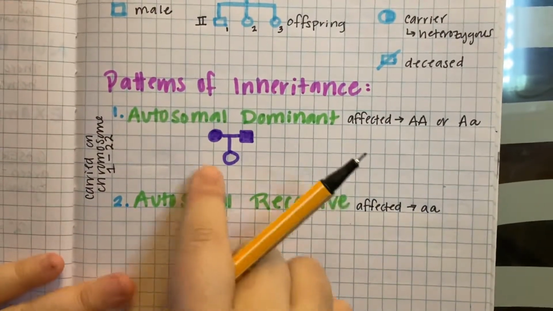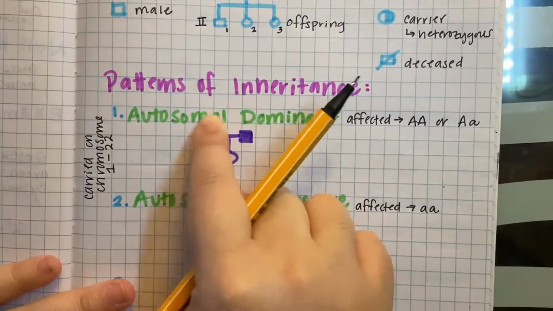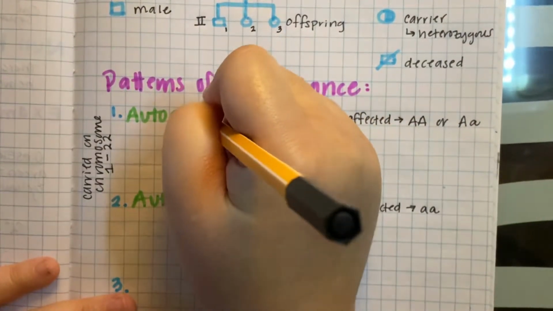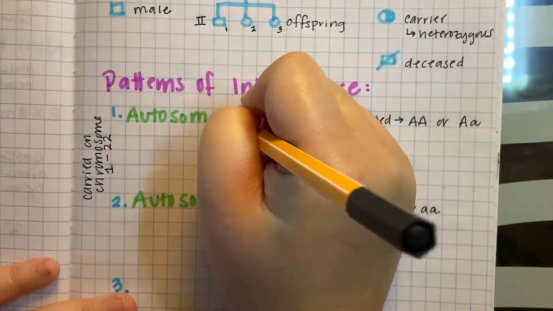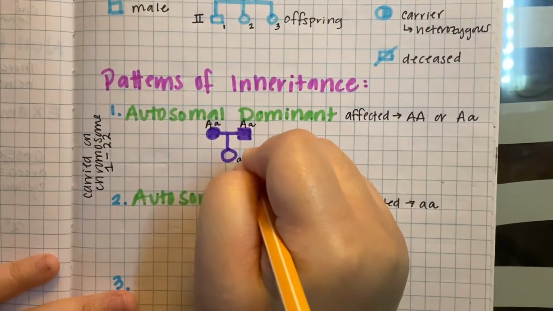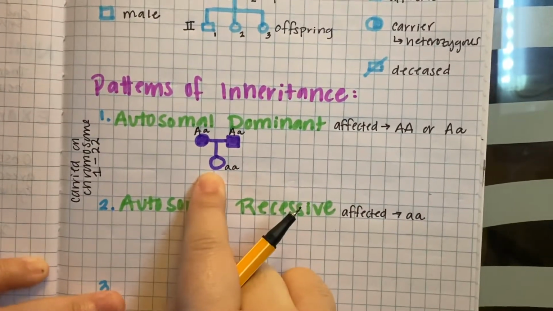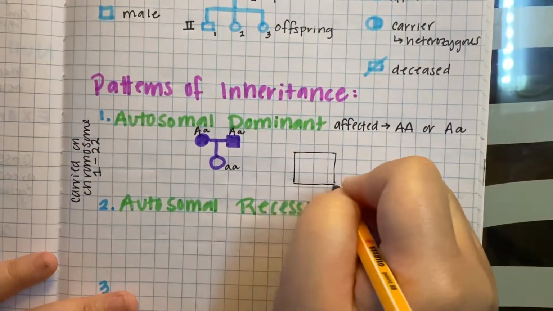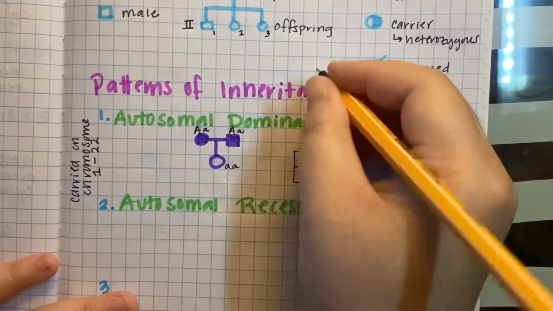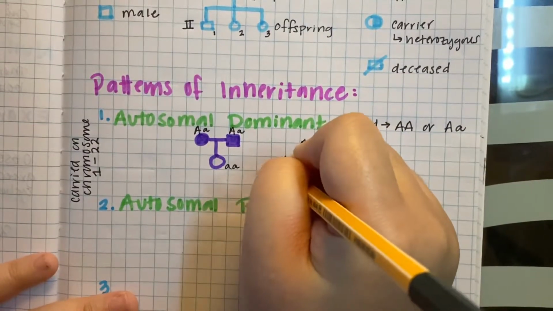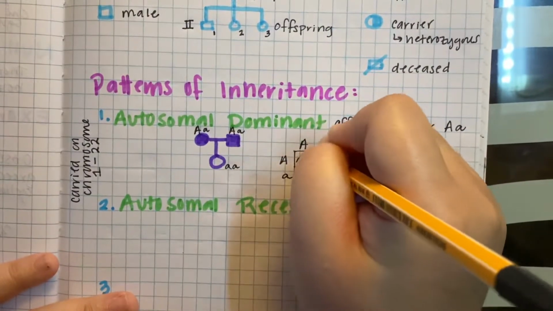Okay, and the reason you're looking for this really specific pattern is because this would tell you that each of these individuals would be heterozygous, and then that could possibly create a homozygous recessive offspring, because if you do your Punnett square, you're taking our 2 parents, so there's their gametes, here's our fertilization.